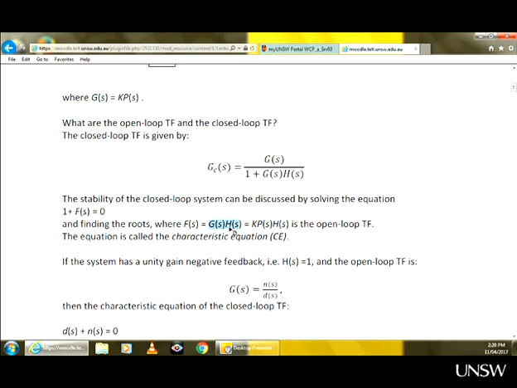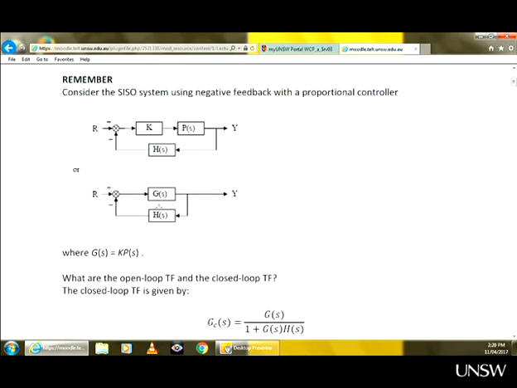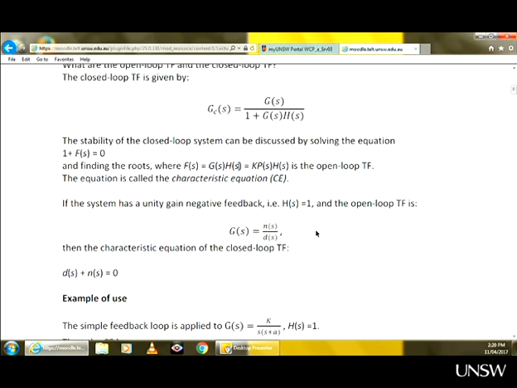In other words, if you cut this line here, then the open loop becomes this times this. The main branch gets multiplied by the feedback branch, and that would be the open-loop transfer function. So it is the more general case. But again, so far we always assumed H to be 1, so no problem.